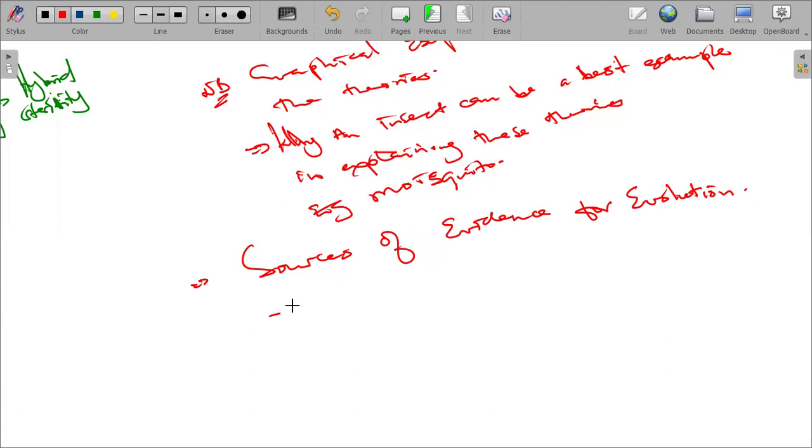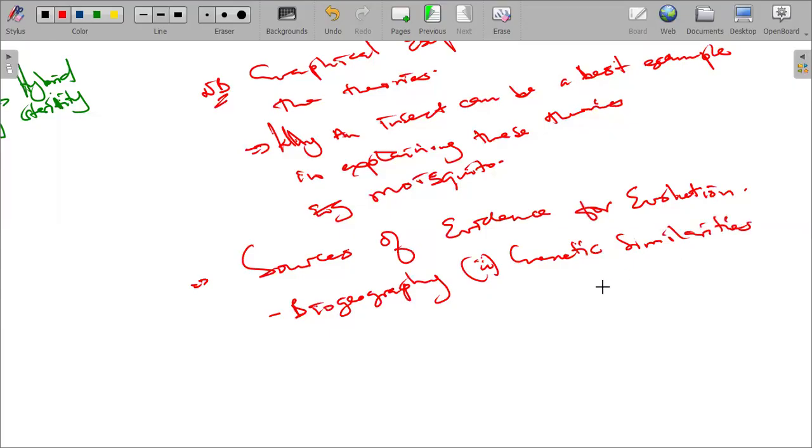We talked about biogeography. We talked about genetic similarities. We talk about modification of body plan.